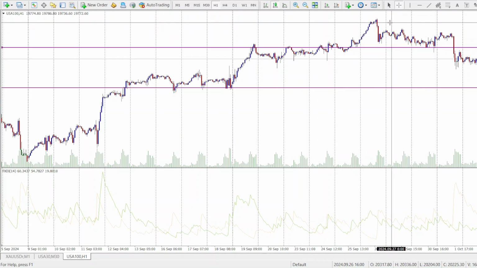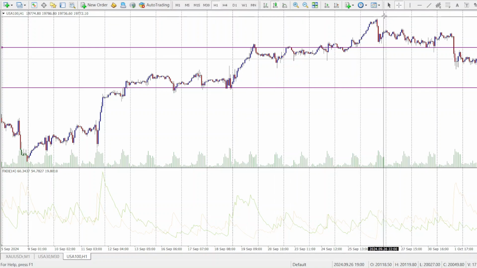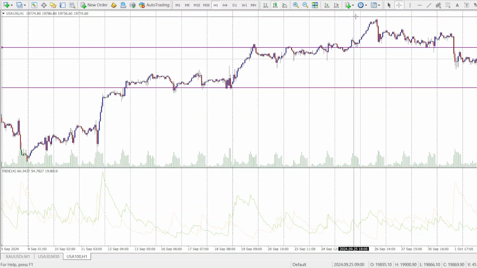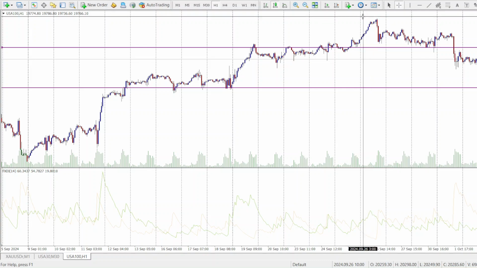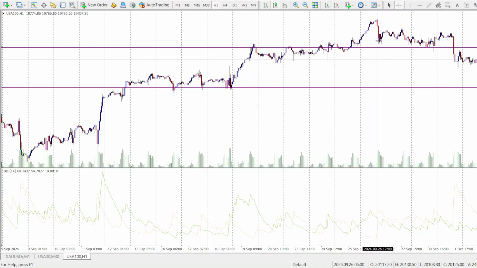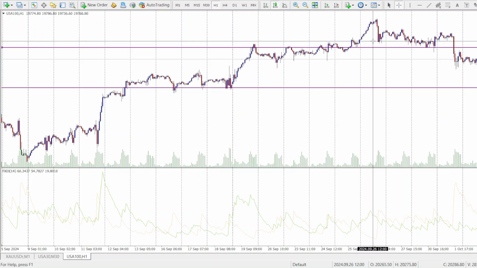But in this situation, we can see this is the 1 hour chart, and there is no resistance level to identify at this point, so we can just set our stop loss above the swing high, and then the take profit can be set at the nearest support level, and our nearest support level would have been somewhere around here.